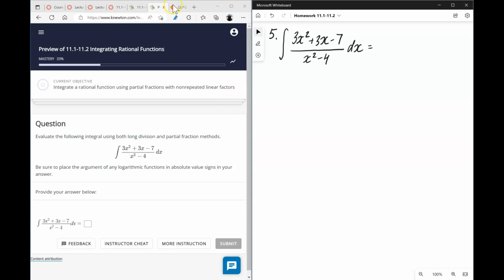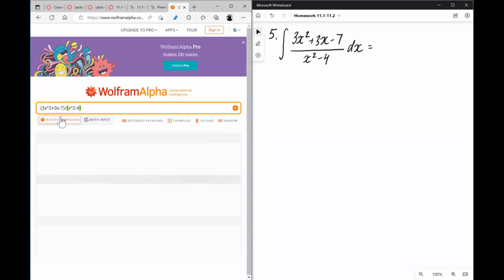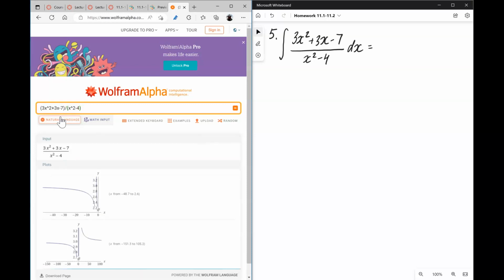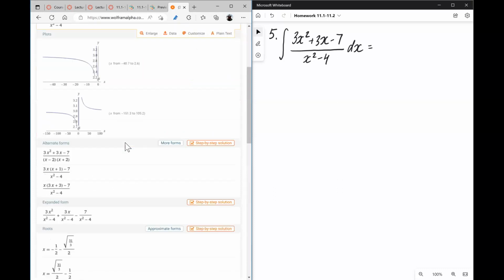Because it's improper, we need to use long division to simplify it. That's a must. The partial fraction decomposition only works on proper fractions. So we can't even think of partial fraction decomposition until we write the function in quotient form or make it proper somehow.